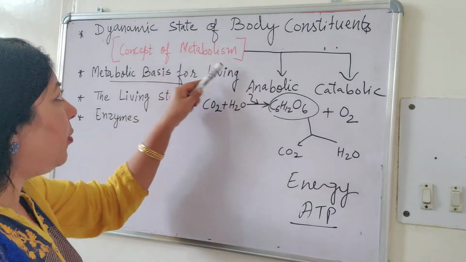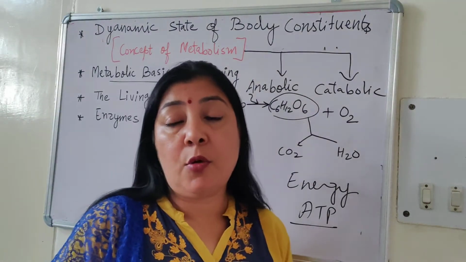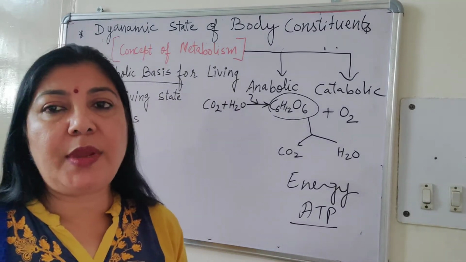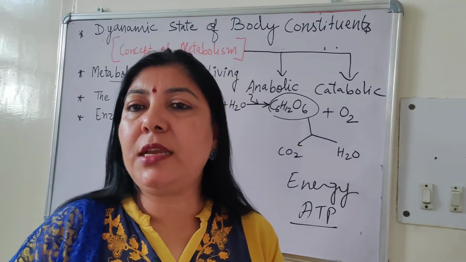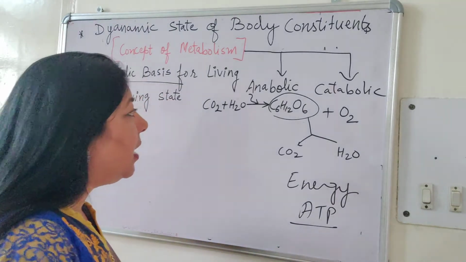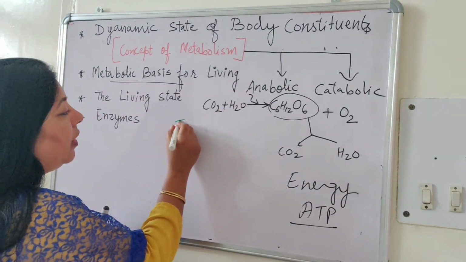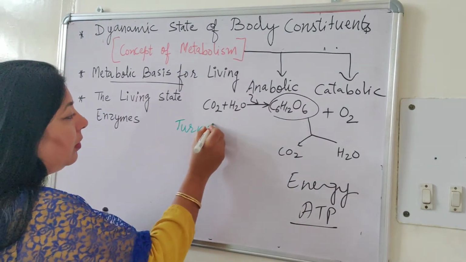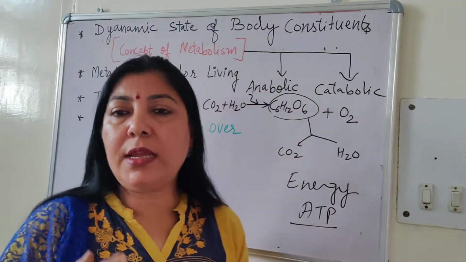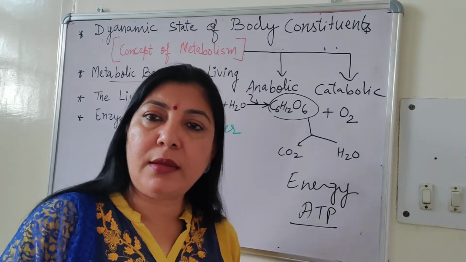Now when we say metabolism, there is another word called dynamic state. What is meant by dynamic state? Dynamic state means always in a state of movement. When we say dynamic, there is another word called turnover. Turnover means one molecule is not static; it doesn't remain in that form only.